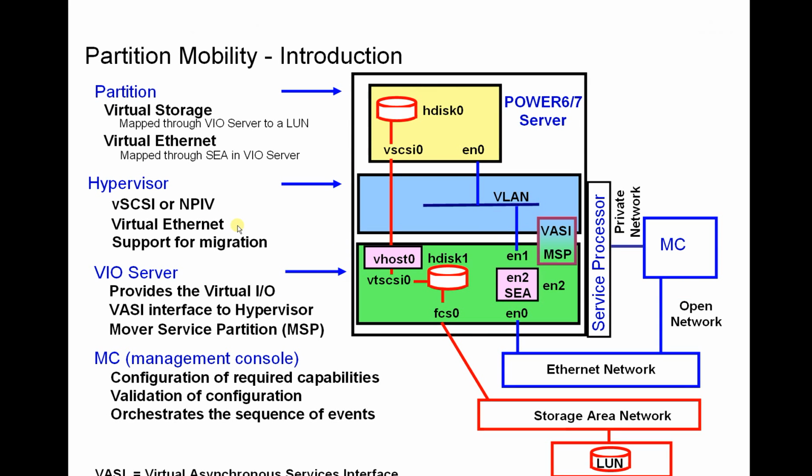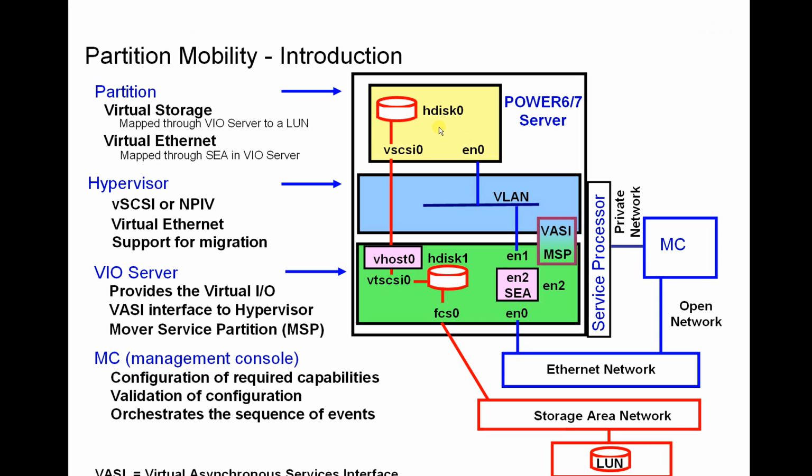This is what the fundamental partition mobility architecture looks like. The components that are involved are the partition to be moved, the VIO server, the hypervisor, and a management console. Those are the primary components that are involved.